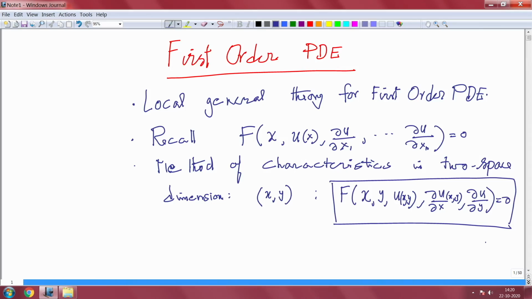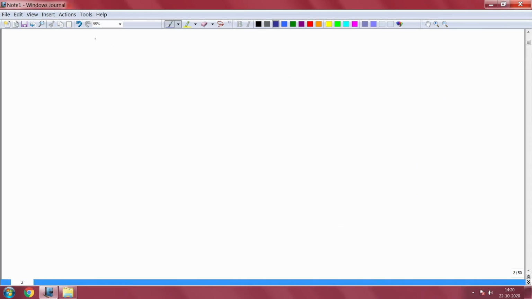So, we will start with an example to motivate you as to what this characteristics is all about. Let us consider, instead of y, for the time being u of x, t.